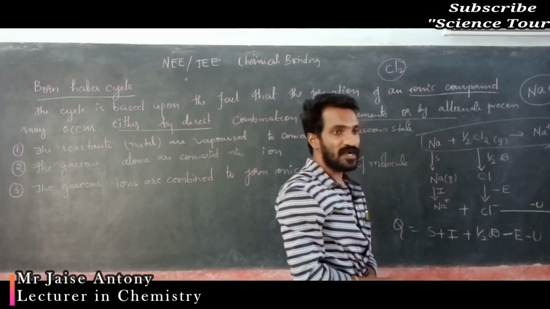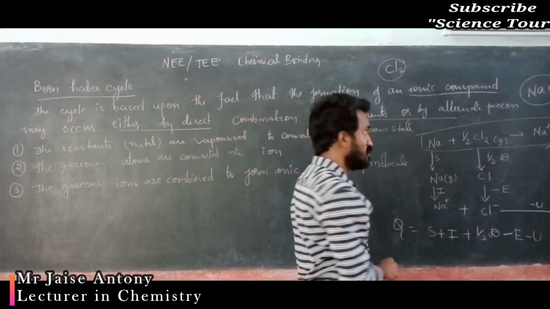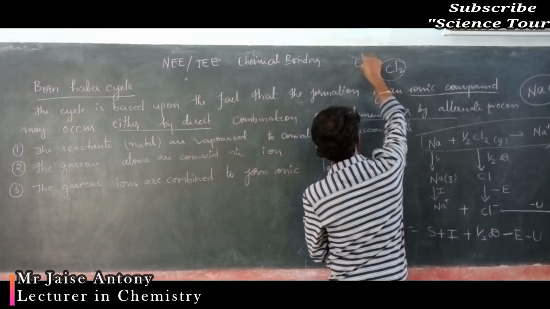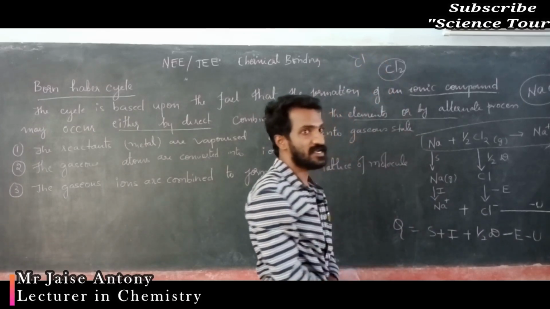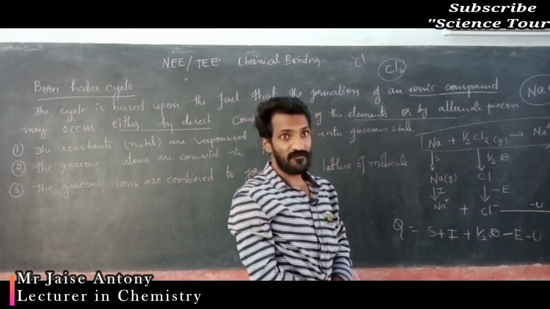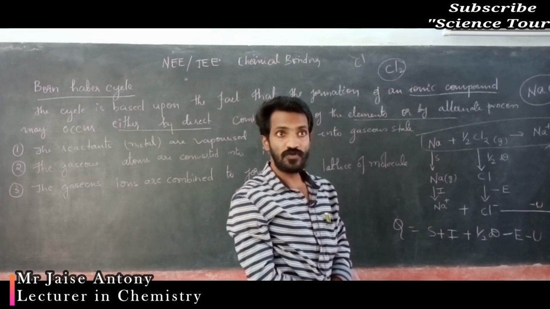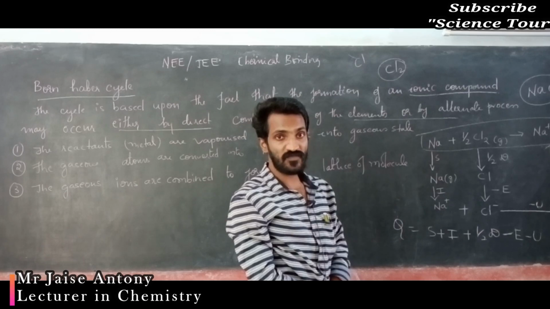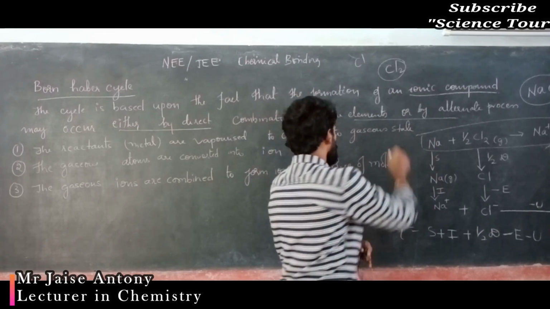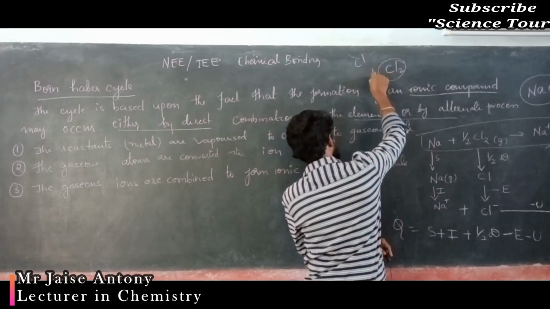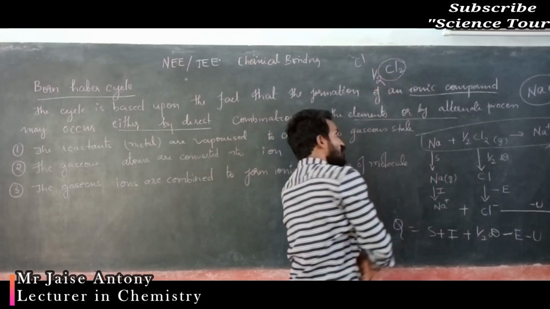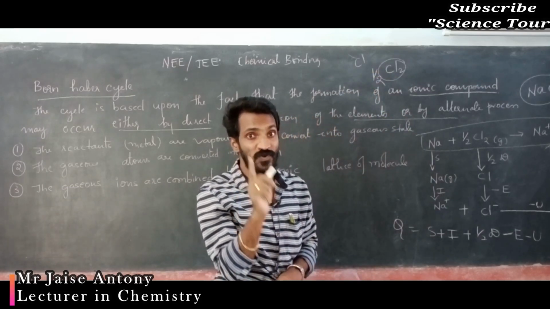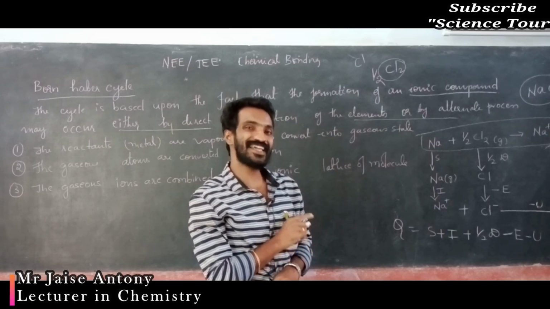I don't want the chlorine molecule; instead, 1 chlorine atom is required. Will it be available as a chlorine atom alone? No, it is not stable. So it is always available in the form of a chlorine molecule. So I write Cl2, and from the chlorine molecule I take half, that means one chlorine atom. That is the indication.